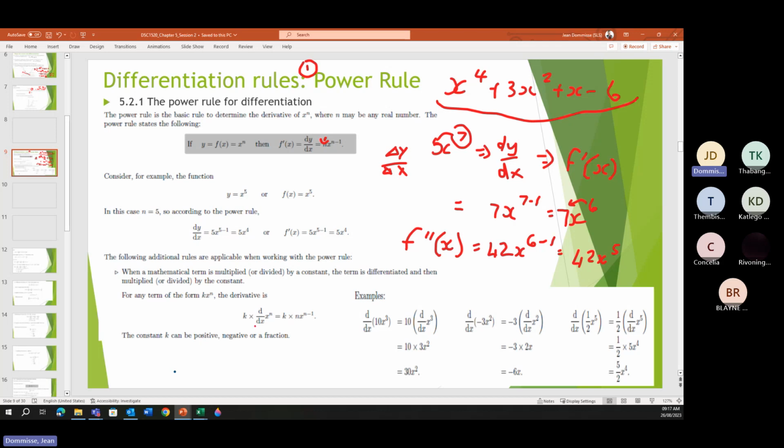Here is an example of nearly what I now did with x to the power of 7. Exactly the same when you look at how they did it with x to the power of 5. You bring the 5 in front, and you say x to the power of 5 minus 1, and that is your final answer. So again, if you write it like that, or you write it like that, exactly the same.